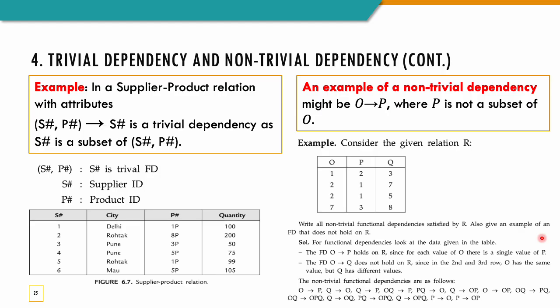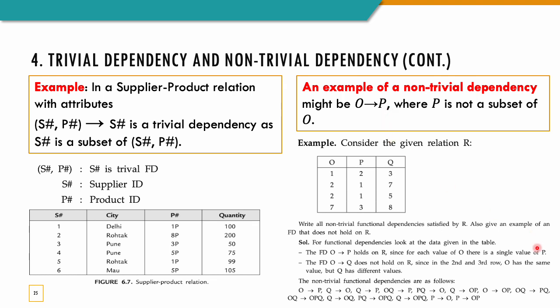For example, in the relation R, an example of a non-trivial dependency is O to P, meaning the value of P depends on the value of O, but P is not a subset of O. This makes it a meaningful, non-trivial dependency because knowing O determines P in this table.